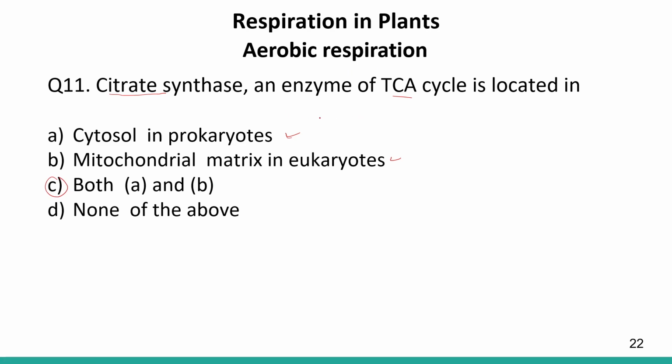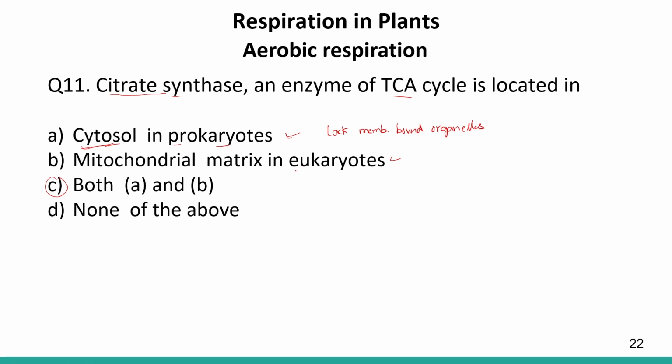So you know that prokaryotes lack membrane bound organelles. Alright, so in these prokaryotes, citrate synthase is present in the cytosol, so obviously citrate will be produced in the cytosol.